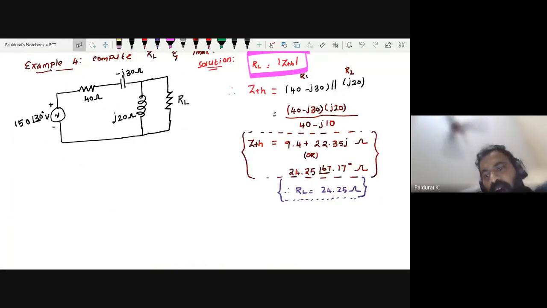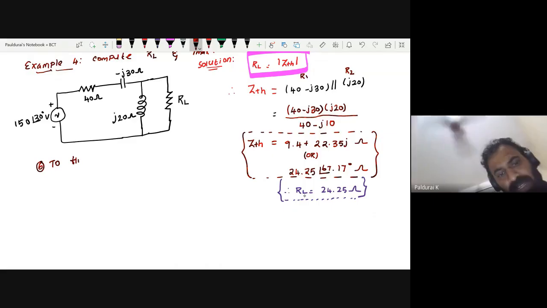So after finding RL, what do you want to do? To calculate Pmax, right? Subdivision B is to find Pmax, and you know the formula for Pmax.